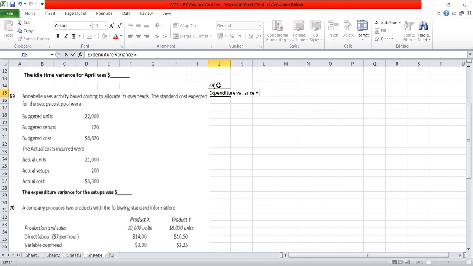Actual units are 21,000, actual setups are 200, actual cost is 6,300. Expenditure variance is the difference between the budgeted expenditure and the actual expenditure. So that is what the expenditure variance is.